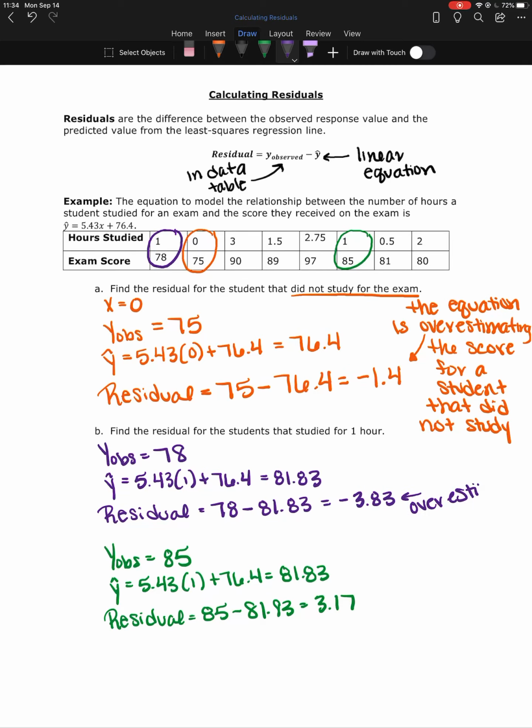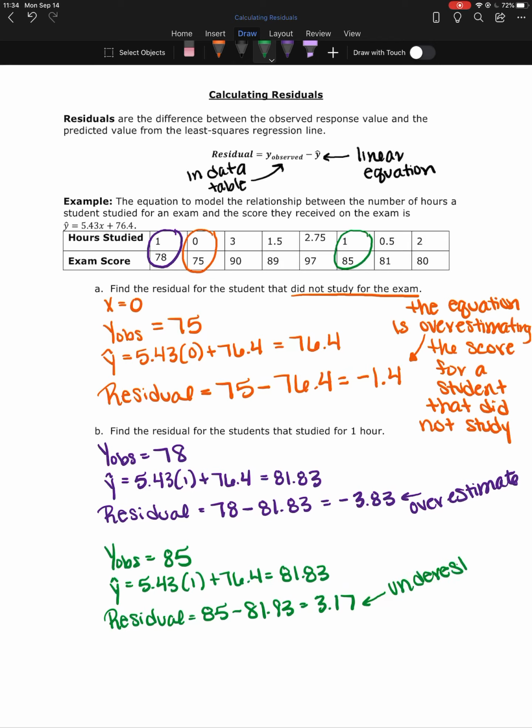So this one was an overestimate for this particular student. If this student used the model and said, oh, I can get a B if I study for an hour, and then they get a 78, they might be a little upset.